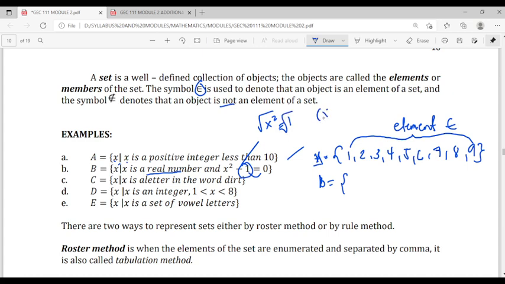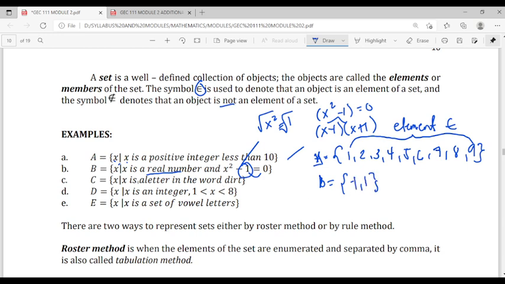So, from x squared minus 1 is equal to 0, or x minus 1, x plus 1, it is still equal. So, the elements are negative 1 and 1.